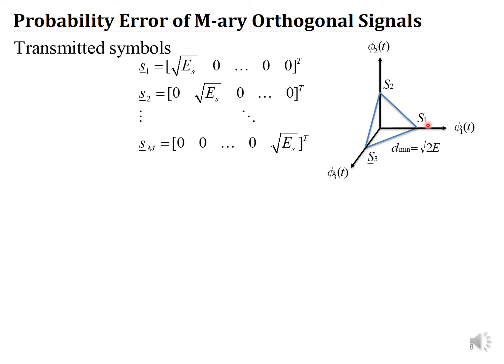So on the signal space, we have an M-dimensional signal space. Each symbol is a vector on one of the bases, and the symbol energy of each signal would be Es. As we can see, all the pairwise symbol distances, the d minimum, would be the square root of 2Es.